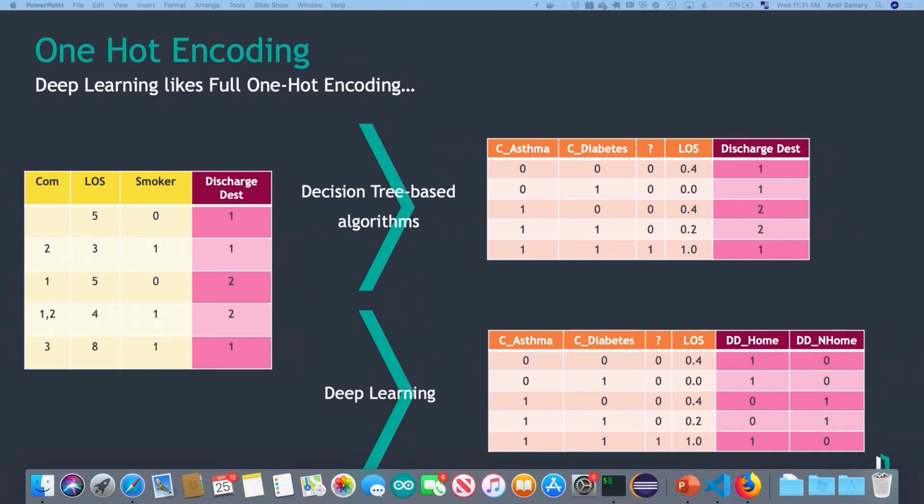You have just one destination. So it's one value that may be 1, 2, 3, 4, or 5. For decision trees, that is great. They love it. They perform better with that. Neural networks, on the other hand, don't. They really like full one-hot encoding of all the columns.